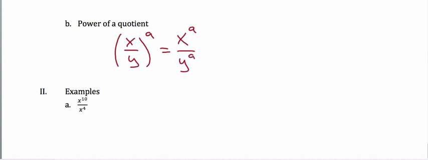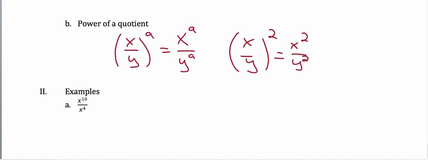Again, a specific example would be x over y to the second is equal to x to the second over y to the second. Again, this makes sense because in expanded form it would just be x over y times x over y, and we can see that x times x is x squared and y times y is y squared.